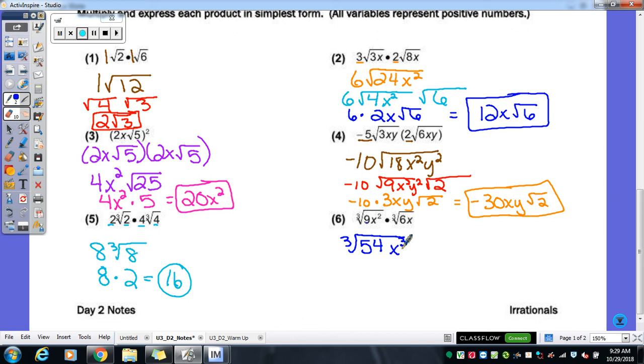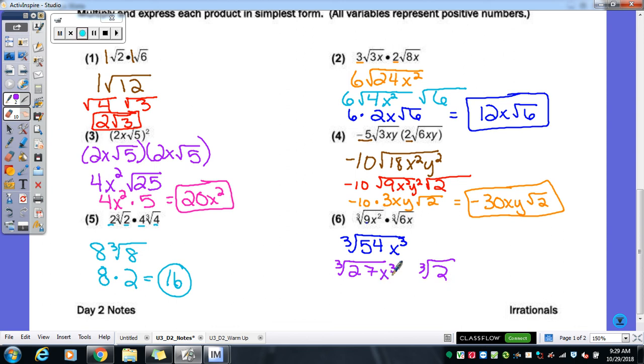No. What is the largest perfect cube that goes into 54? 27, and then over here would be a 2.